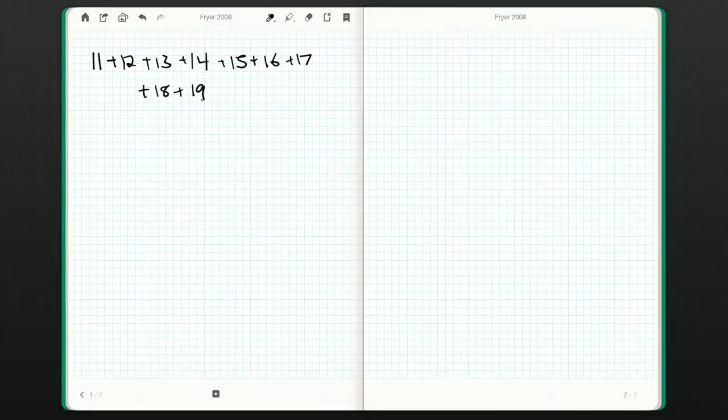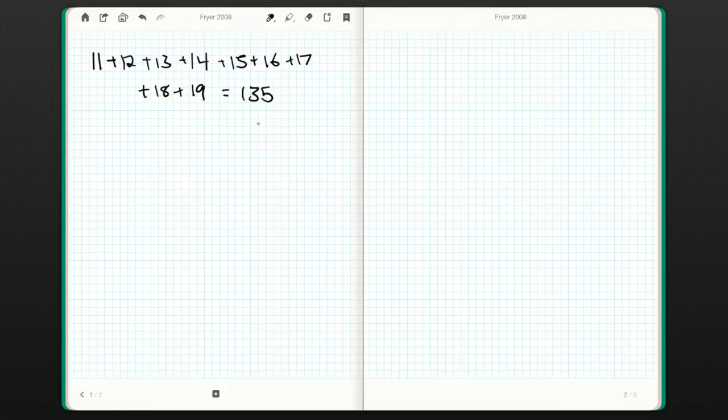I think that's probably the fastest way rather than trying to do anything slick. Alright, so we get a sum of 135. So that's the first part of A.